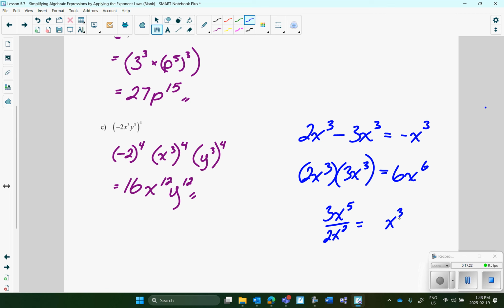Remember what I said? Don't touch that calculator. If you can't divide it cleanly, leave it as a fraction. 3 over 2 is 3/2. 2 over 3 is 2/3. 4 over 5 is 4/5. You don't need that calculator. It's all good.